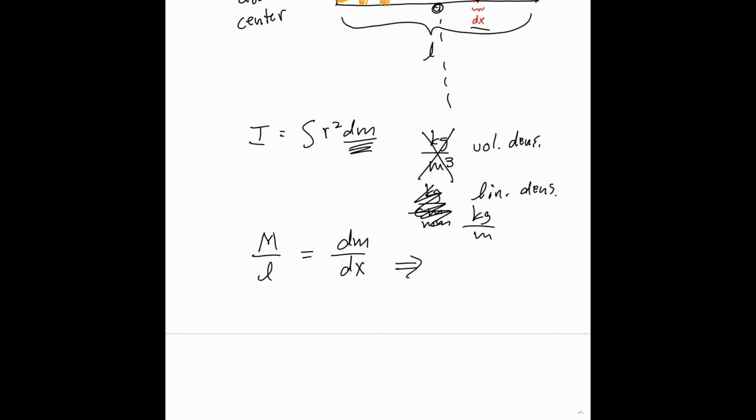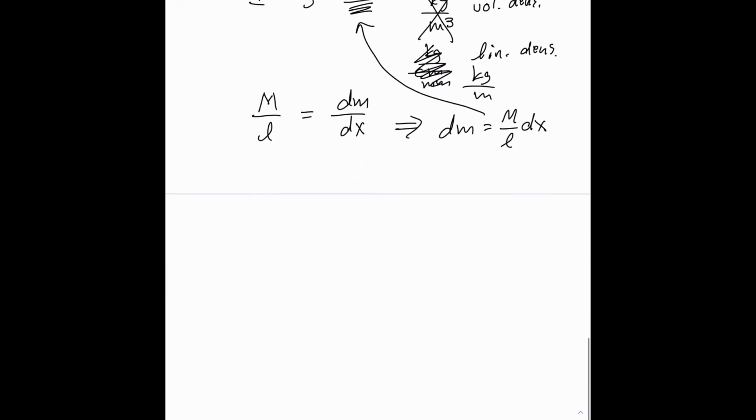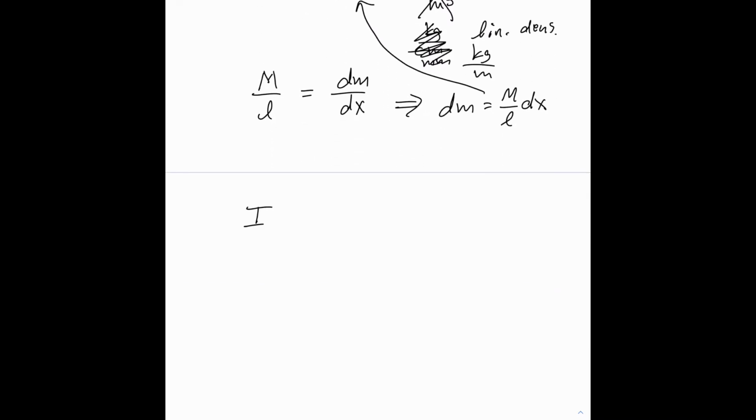In other words, if I cross multiply, dm is equal to m over L times dx. So that's going to allow me to make a substitution into the formula. So the rotational inertia of the rod about its center is equal to the integral of r squared times m over L dx.